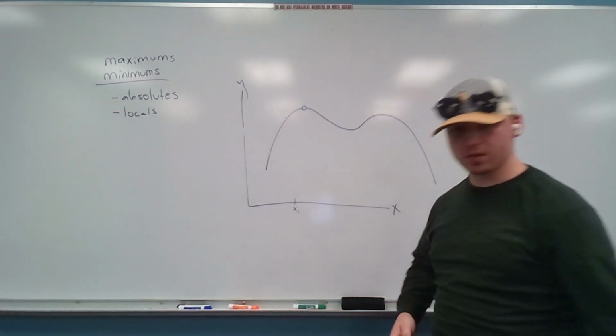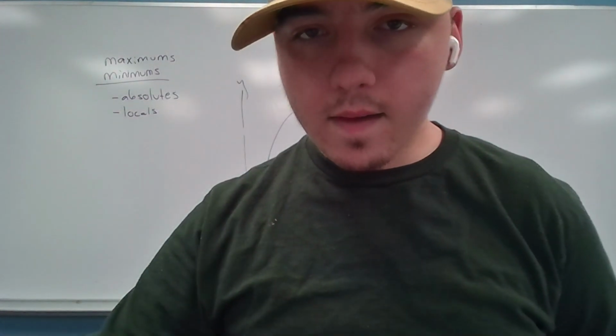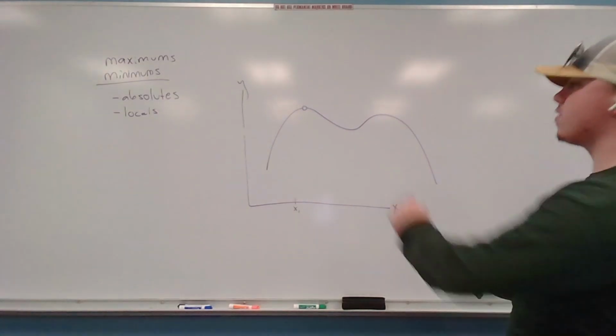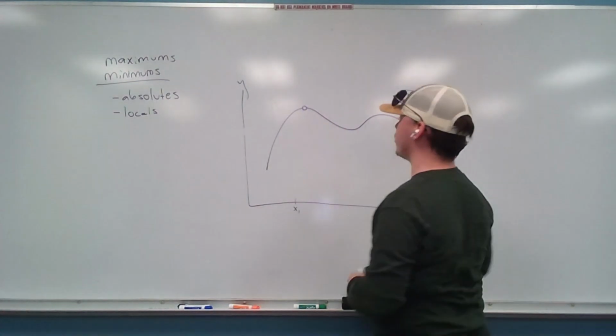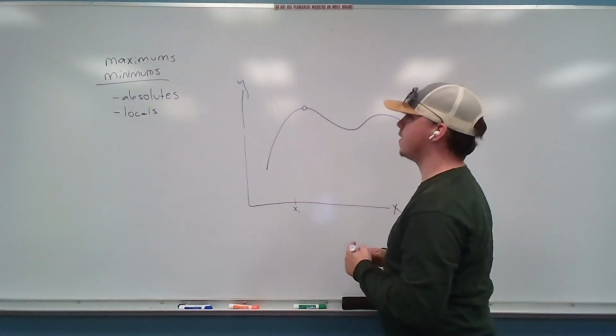Now, I'm going to double check something. Okay, I confirmed it. So we have the hole. This isn't a maximum or a minimum because that point is not defined. That's the real reason.